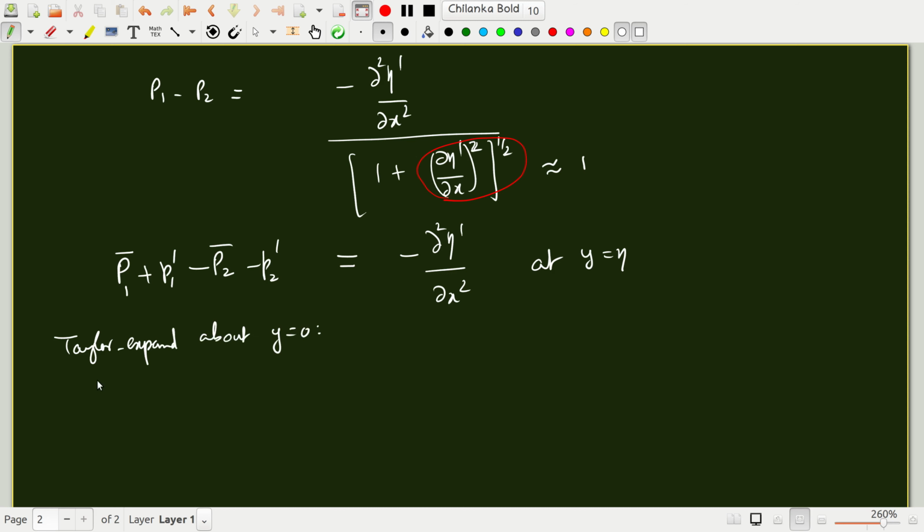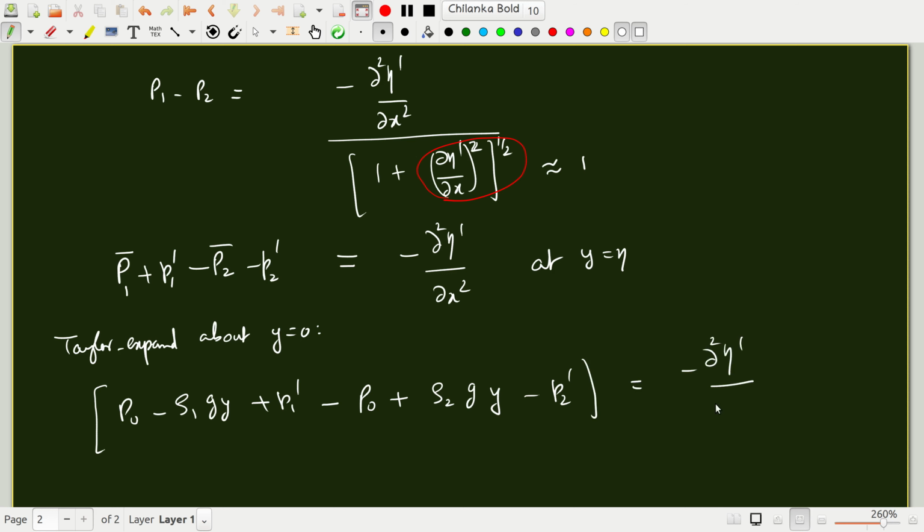One thing that we know already is that P1 bar is P0 minus rho 1 g y plus P1 prime, and P2 bar is P0 minus rho 2 g y, minus P2 prime, is equal to minus partial squared eta prime by partial x squared.